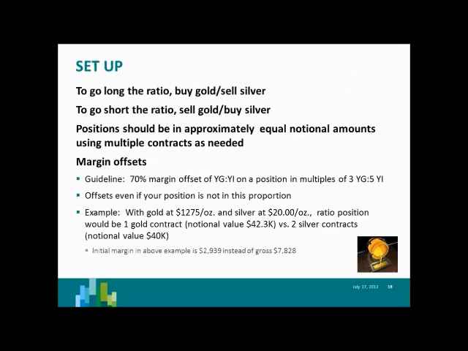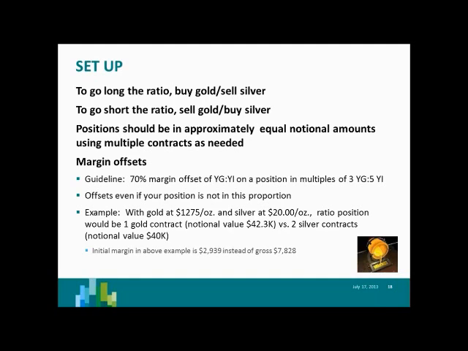Well, how exactly do you put on a ratio trade? To go long the ratio, you buy gold and you sell silver. To go short the ratio, you sell gold and you buy silver. So basically, whatever you're doing to gold is your ratio position. It's a very important point here. Positions should be in approximately equal notional amounts, and you'll probably have to use a few contracts.